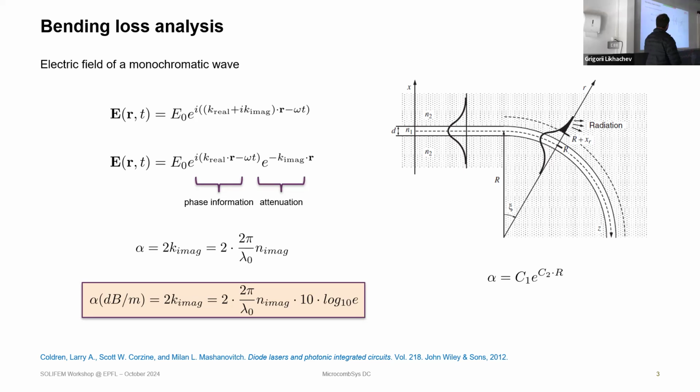For the attenuation constant, we have to convert electric field to intensity, and it becomes a factor of 2 here. And in dB per meter, you have this simple formula, which converts your per meter to dB per meter. You can see how you get this factor of 10 log to convert to dB per meter.